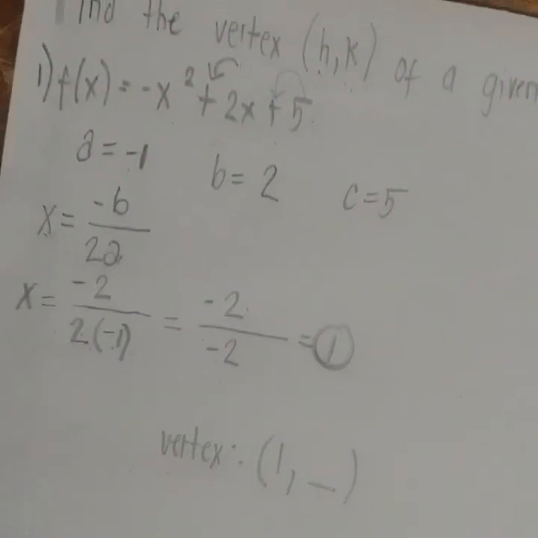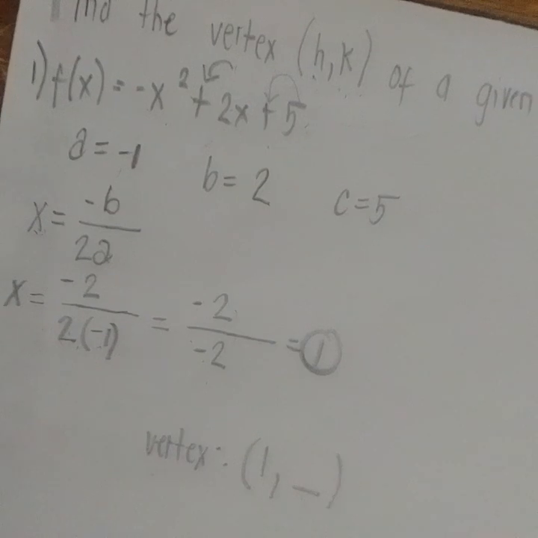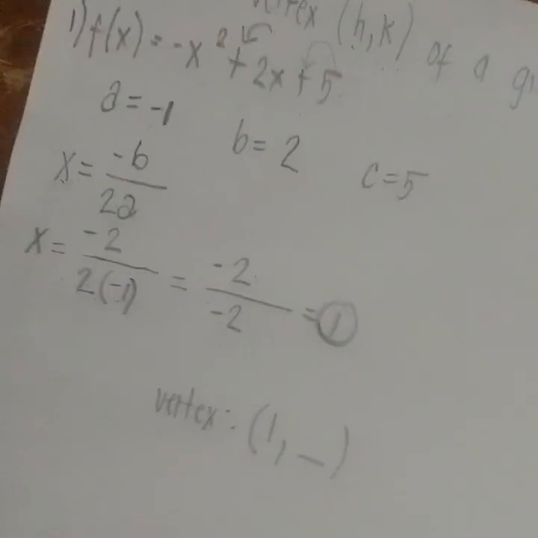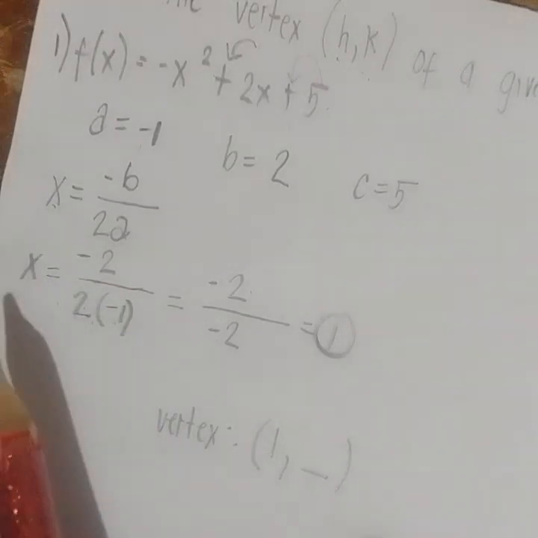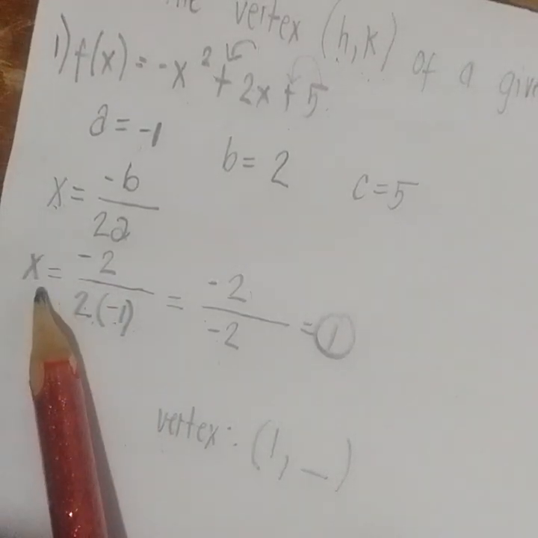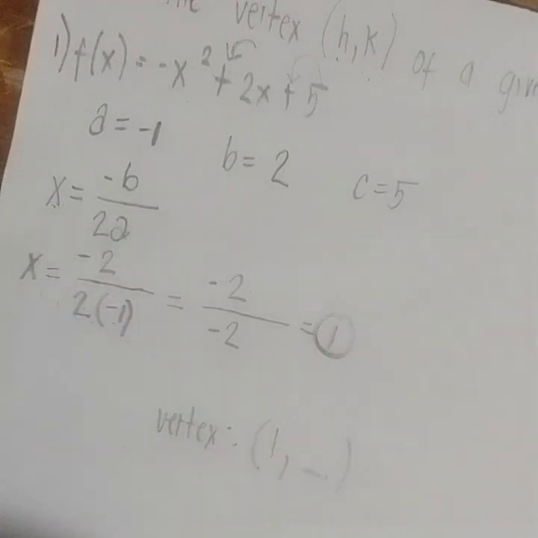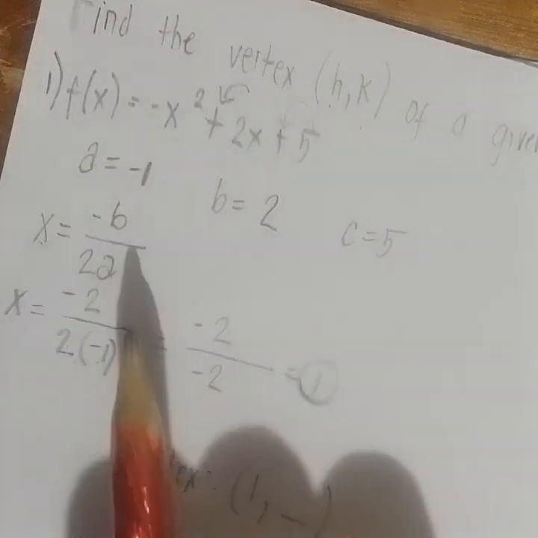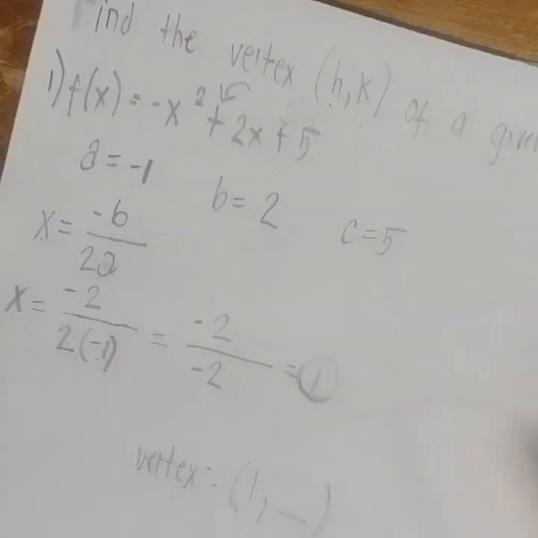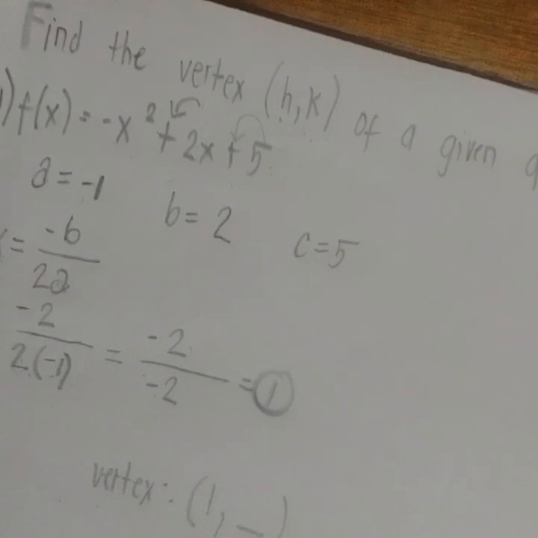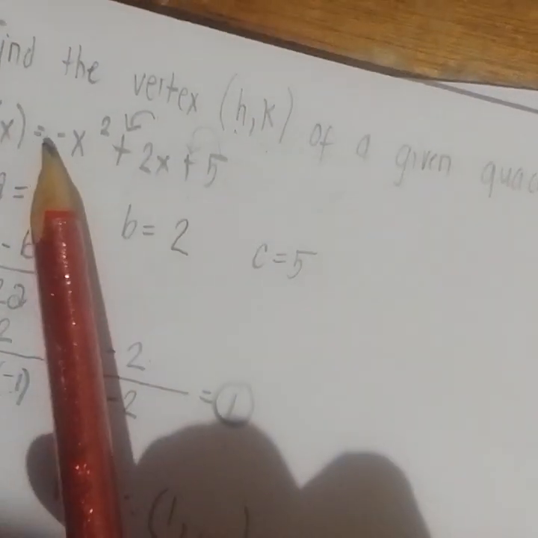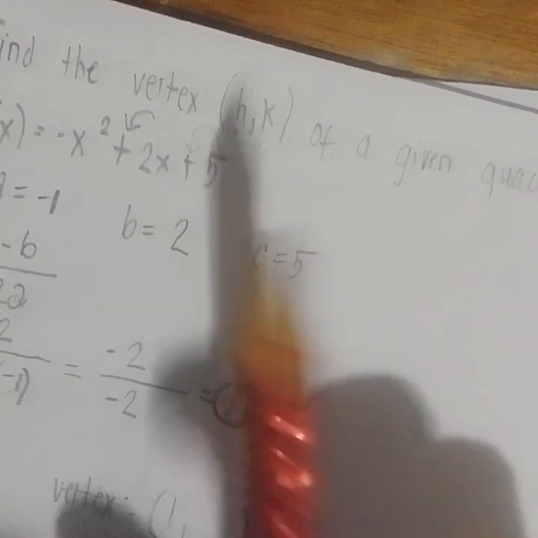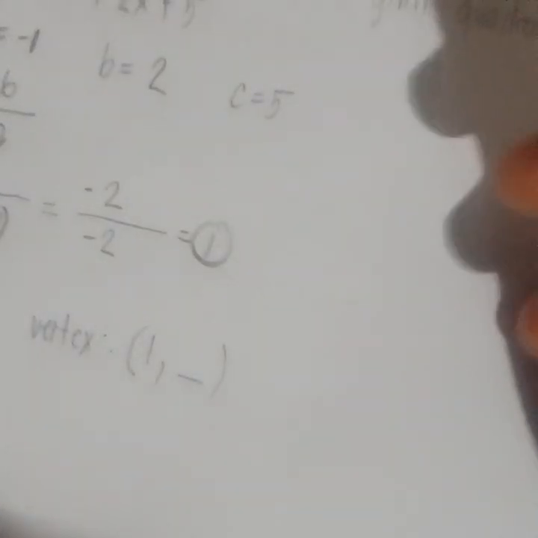We are going to find the value of y, the y coordinate. So how? You are going to use the computed value of x from our previous step using this equation, negative b over 2a. Now, you will use the given function, negative x squared plus 2x plus 5, in order to find the value of y. So we will copy the given function.